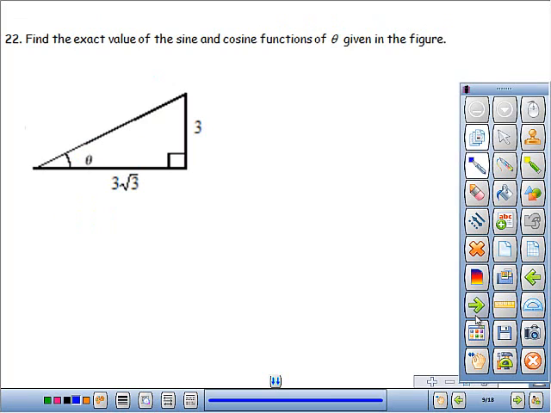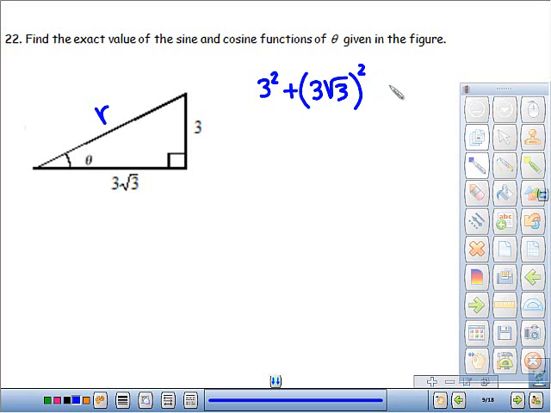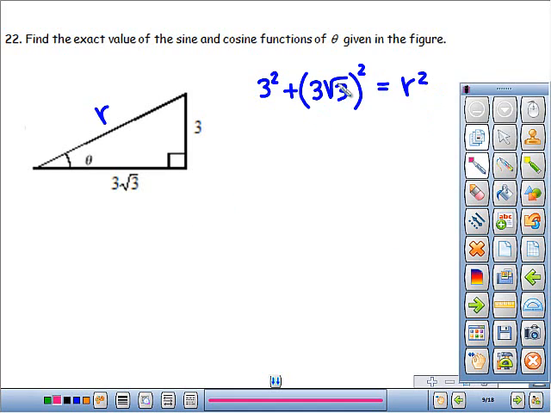On 22, find the exact values of sine and cosine functions of theta given in the figure. Do the Pythagorean theorem to find your missing side, which is your r. So 3 squared plus 3 square root of 3, this whole thing squared, equals r squared. You have 2 terms in here, so the squaring has to go to both.